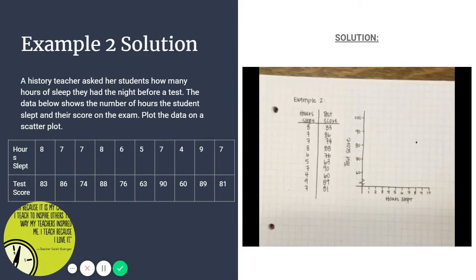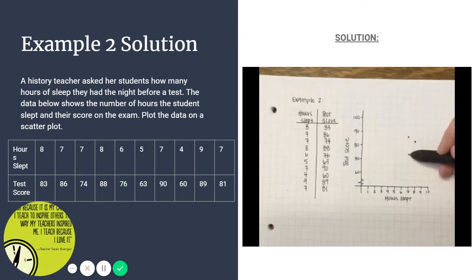7 hours, got an 86, so just above that 85 mark there. Another 7 hours, got a 74. So it's going to be just below that 75. 8 goes with 88, so here's another 8 hours, all the way up here just below that 90. 6 hours with 76 as the grade.